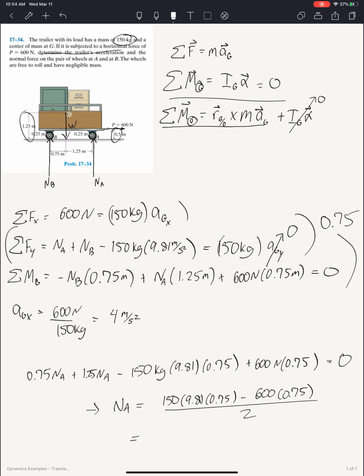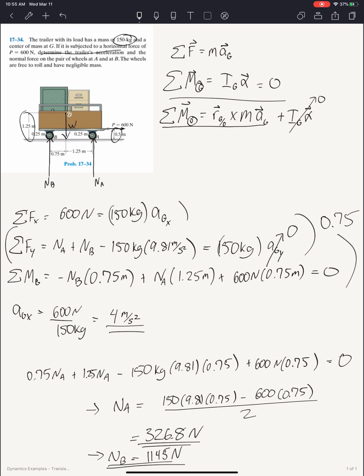Okay, I got 326.8 newtons, which, based on the sum of the forces in Y equation, is going to tell me that NB is equal to 1145 newtons. Those are my many equations.